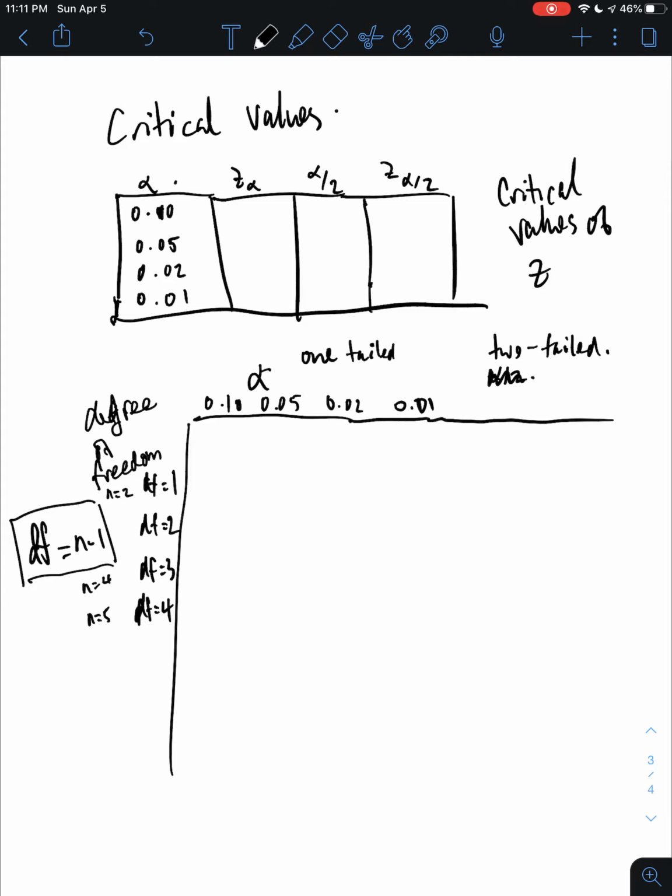I have published tables on the website, which I would prefer that you use. I think they're easier to use. There's also a table in the back of the textbook, and it doesn't have the alpha over 2's in it, so I think it's more confusing than the table that I have put on the website.